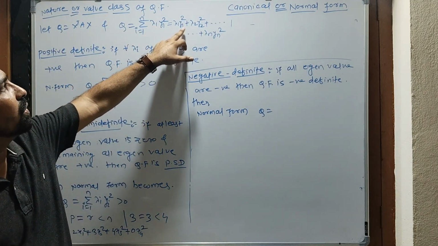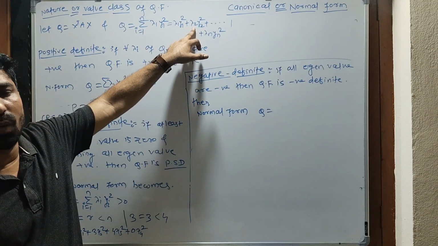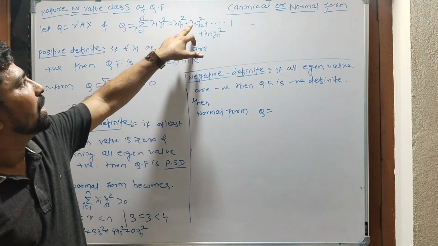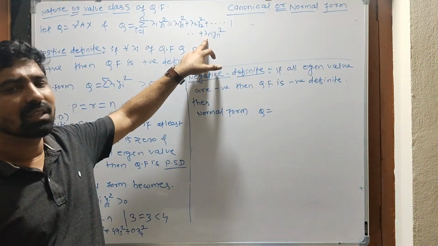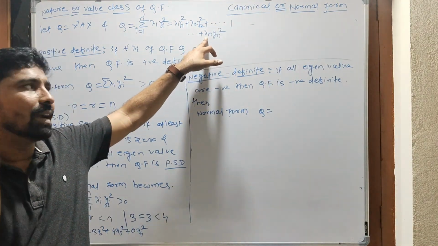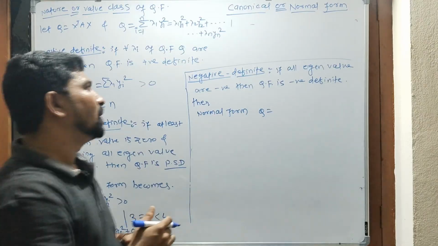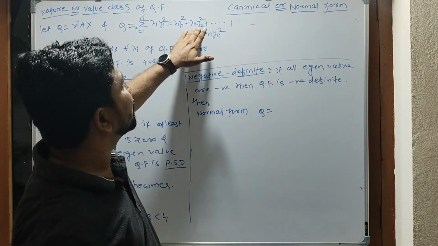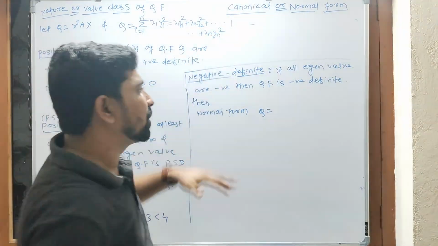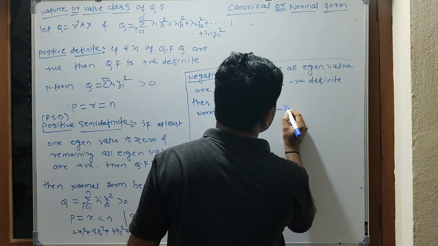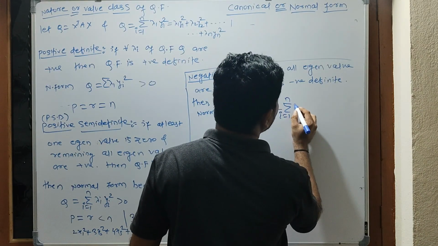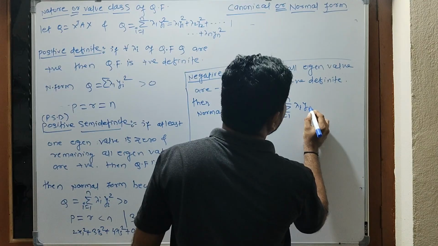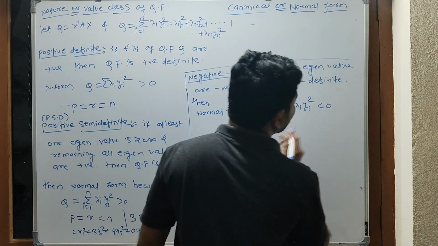If lambda 2 is negative, so minus with lambda 2. Let's say lambda 1 is minus 1, lambda 2 is minus 2, lambda 3 is minus 4. In this way lambda is, let's say, minus 100. So for example, if you have 100 eigenvalues, this is a negative term, this is a negative term, and so on. So can I write this is the same as minus the summation, i running from 1 to n, lambda i yi square, which is strictly less than 0.